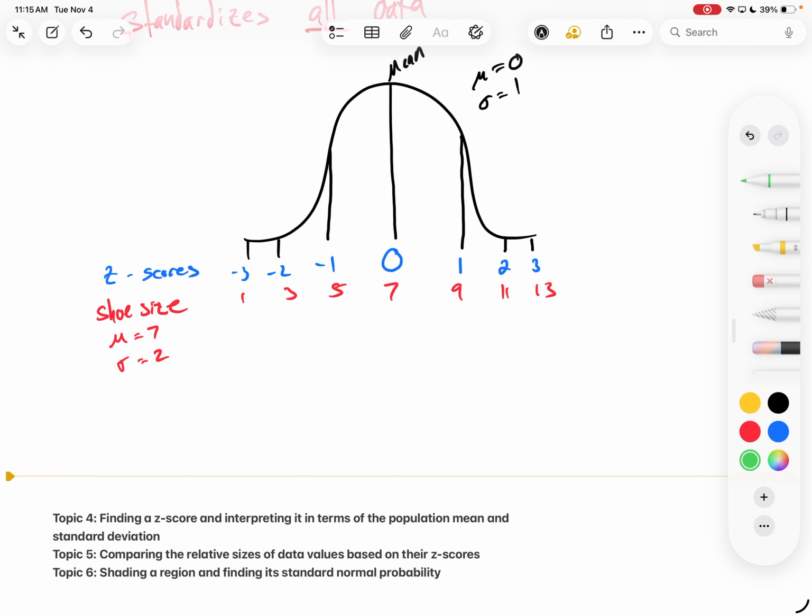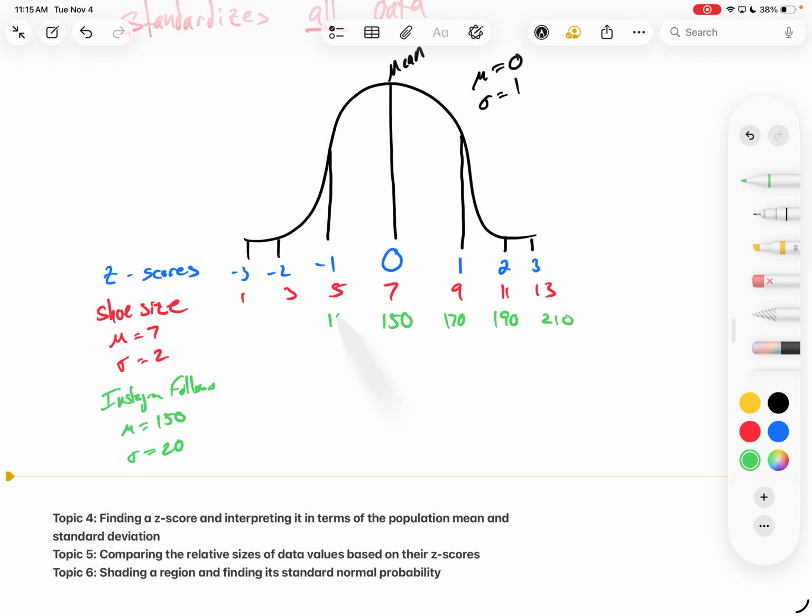If I wanted to do Instagram followers, I don't know what my mean would be on this one. I'm just going to put a number out here. What's the mean of Instagram followers? 150. Standard deviation of 20, okay? So this one, I would do my mean in the middle. I'd add 20, add 20, add 20.